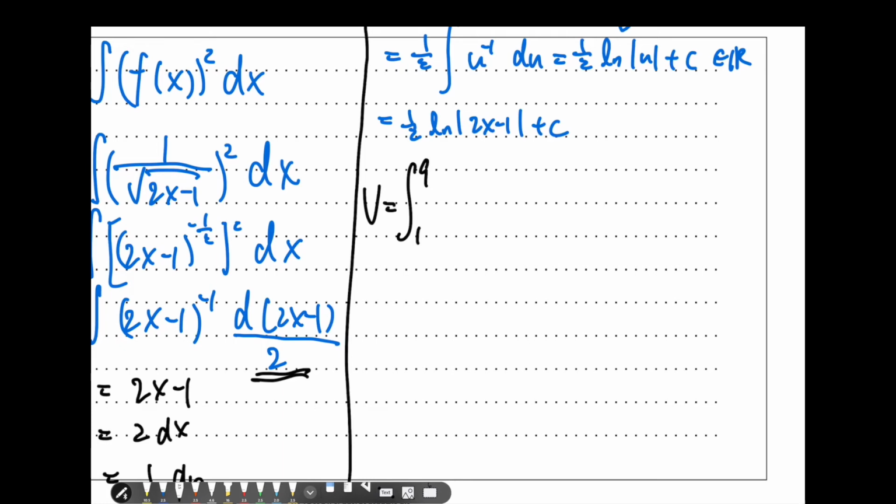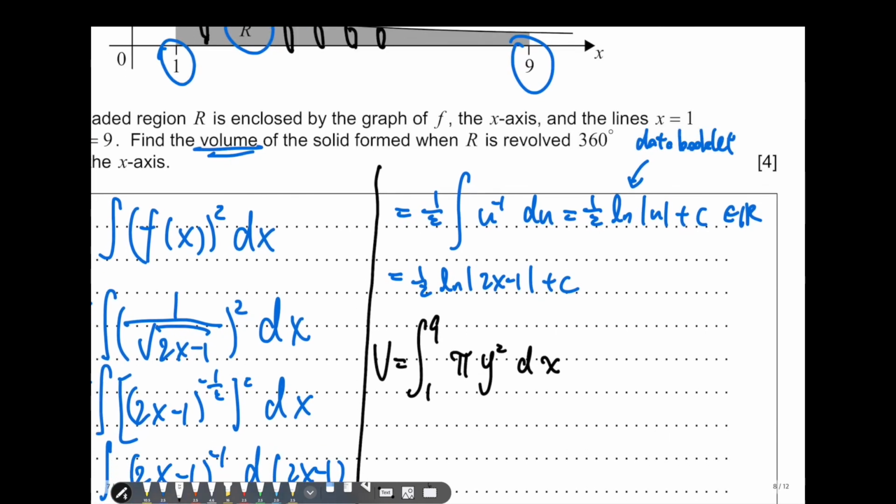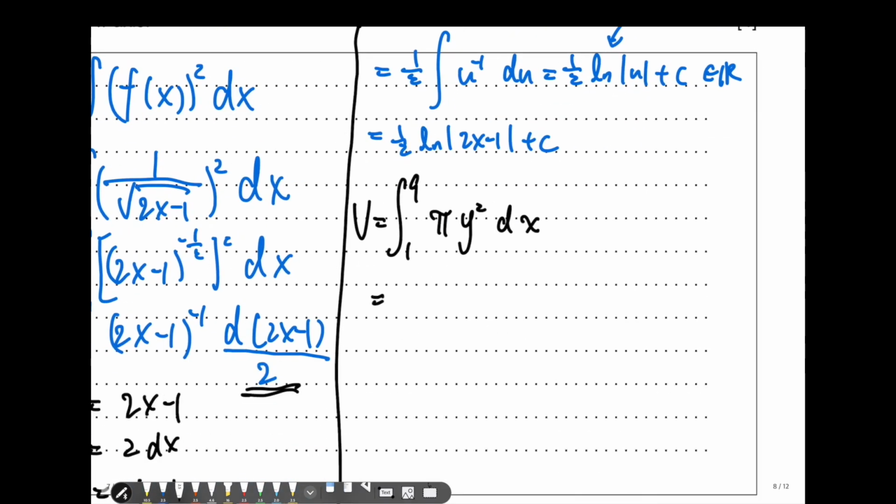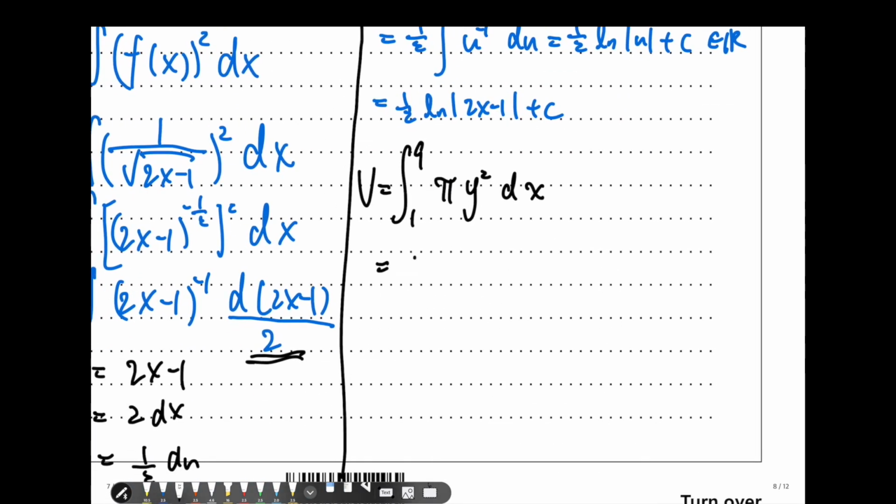So we integrate pi r squared, but it changes in the y direction, so it's pi y squared dx, because we integrate over the domain with small changes of x. We know that y is just a function of the graph, and pi is just a constant, so we can extract it out.